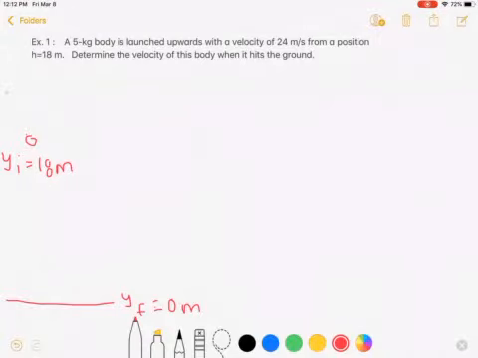We know that its initial velocity is 24 meters per second. So we know that it's launched upwards. It's going to continue to move until it hits a maximum height, and then it's going to fall back down towards the ground. It's eventually going to land at a y position of 0.